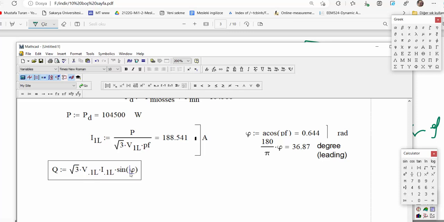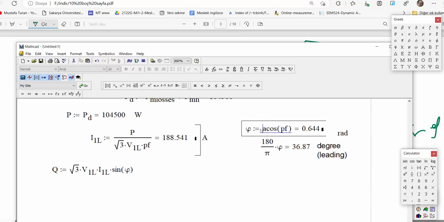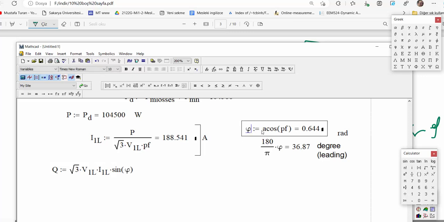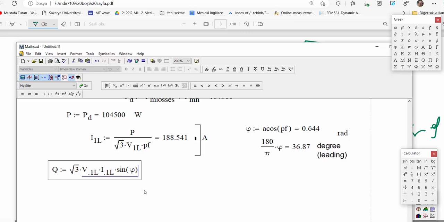All those parameters right now are known. Sine phi is known because we know phi. My calculator only accepts radians, so I use this value here as a variable.